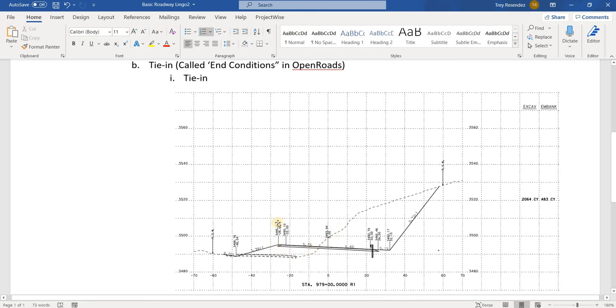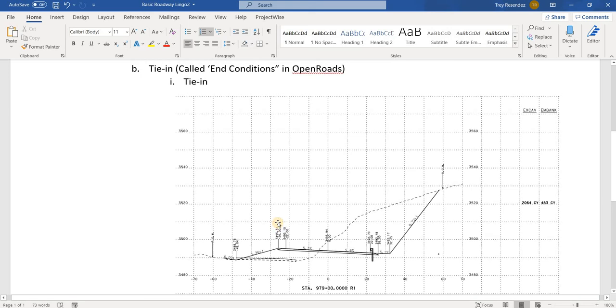Tie-ins are not exclusive to roadways. They can happen pretty much anywhere. It doesn't have to be just this cut slope here that's tying in. It can be many other things that we won't get into now, but maybe I will in further videos.